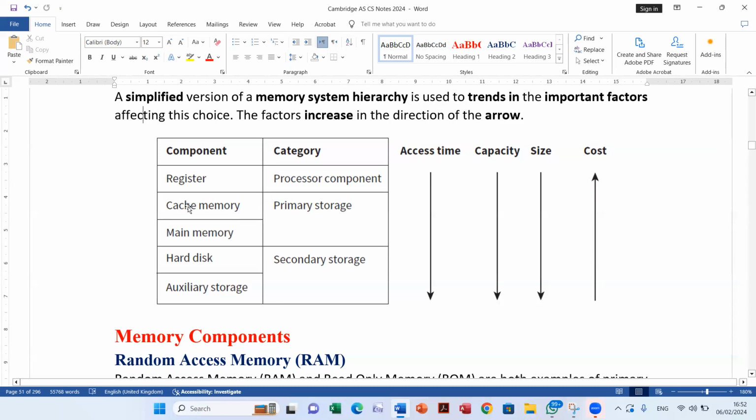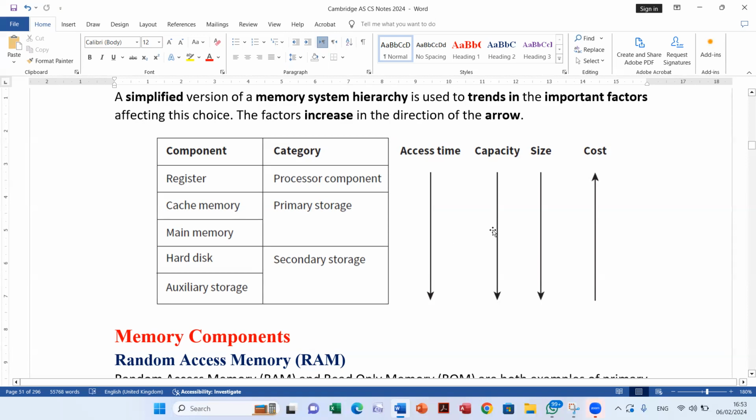Then we have the cache. A cache is a memory between the processor and the RAM. It is a little bit slower than the register, okay, and the capacity is a little bit bigger and the size is bigger and less expensive. The main memory is the RAM of the computer, and it has longer access time, so it takes longer to access it.